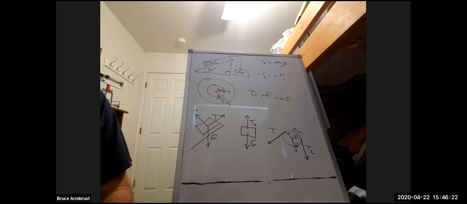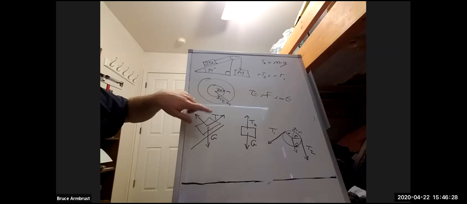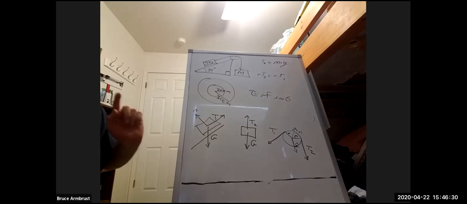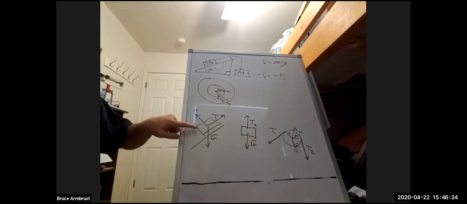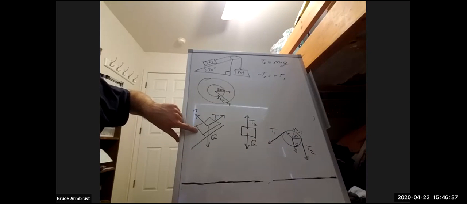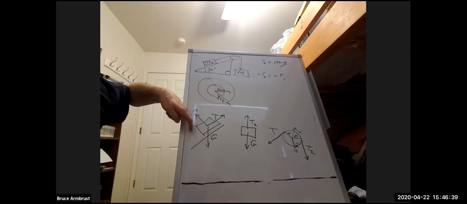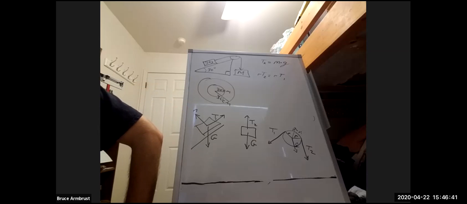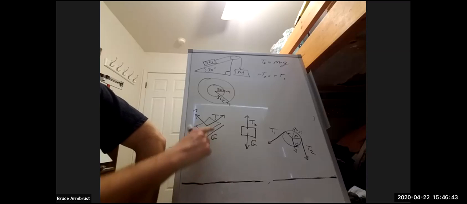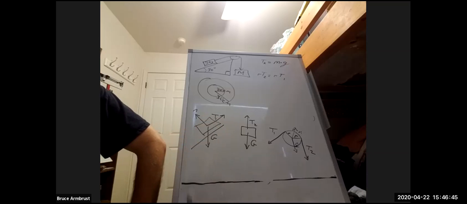I'll tell you what, let's hold off for a second, Ian. Let me keep going, because I think I'm going to end up getting similar to what you had. Yeah. So let's go look at this block now, the one that's sliding down. And what we need is to really figure out how strong this tension is.